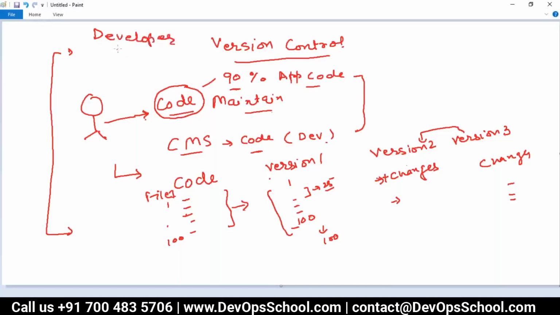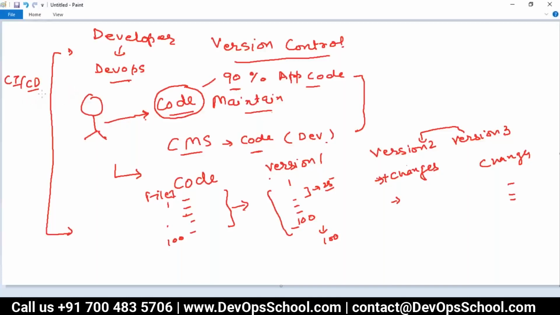But as a DevOps engineer, you should know about this, because whenever we are using a CI/CD pipeline with Jenkins, we need to integrate our code with GitHub or a version control system. So if you have knowledge of this, that will be good.